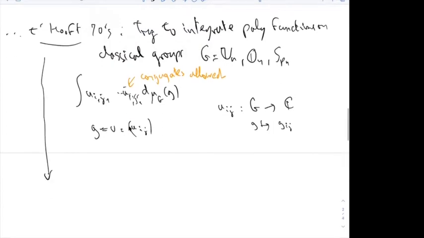Weingarten, who was perhaps one of the first, but I'm not sure actually. So Donald Weingarten, he wrote 2 or 3 short papers.